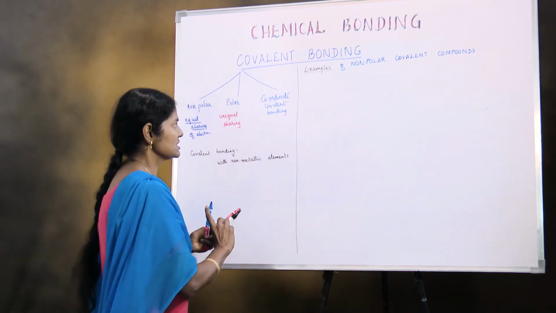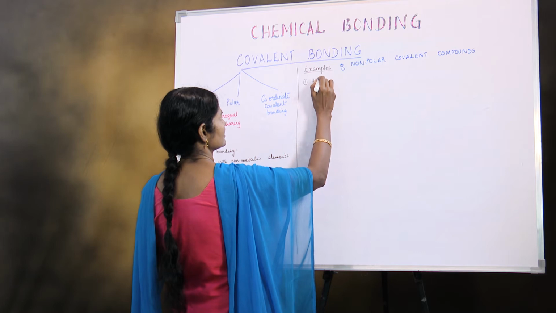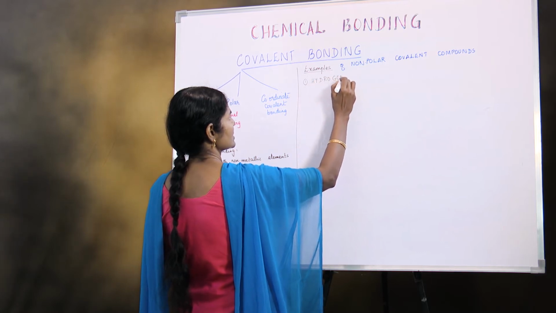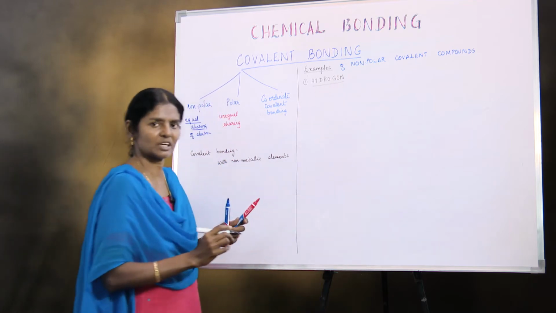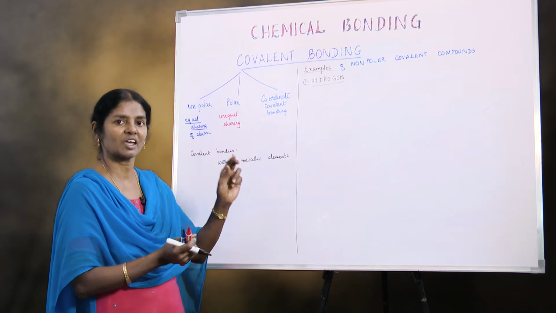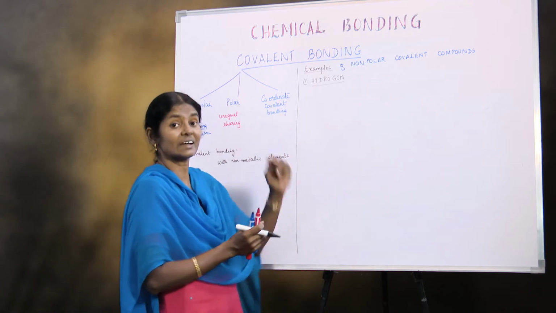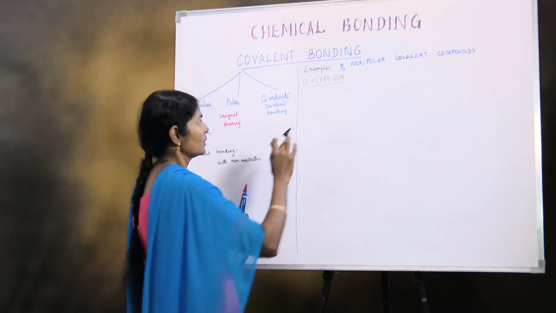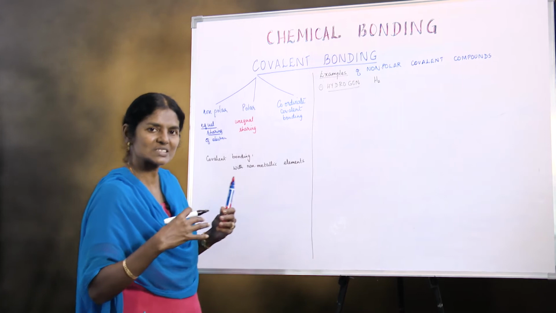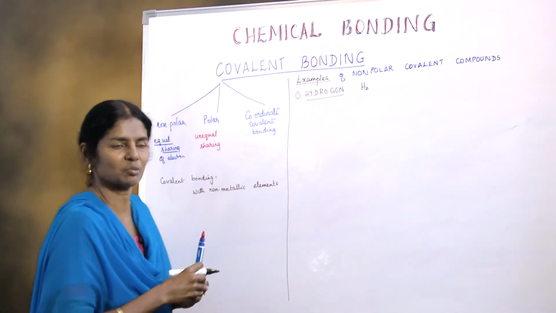The first example is hydrogen. Usually when we write hydrogen, we don't write it as H, but always H2, because two atoms make up one molecule of hydrogen. In other words, hydrogen is diatomic in nature. So how do you get this H2? How is that bonding formed? That is by non-polar covalent bonding.